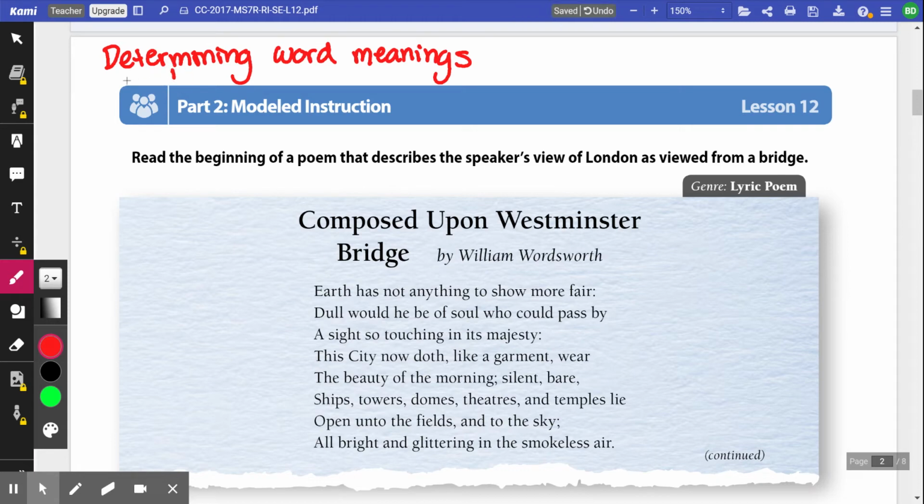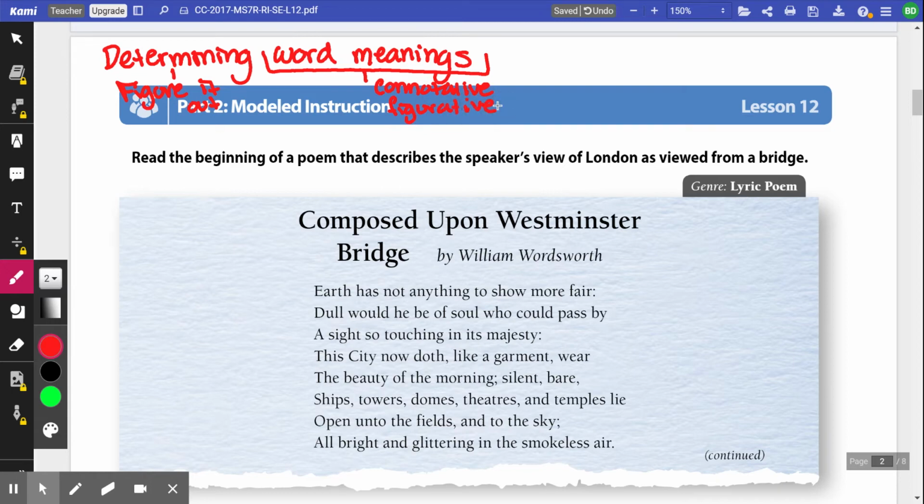So we know determining means to figure something out. So you're figuring something out. And for our word meanings here, we have two different types of word meanings we're focusing on for this lesson, and those are going to be connotative and figurative.